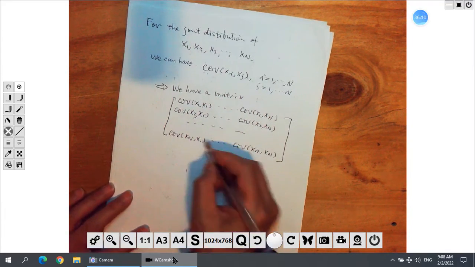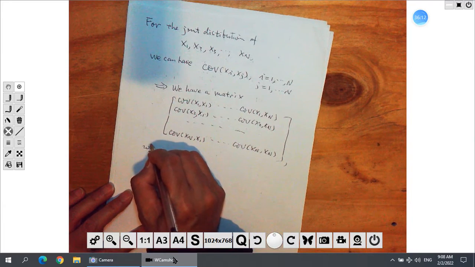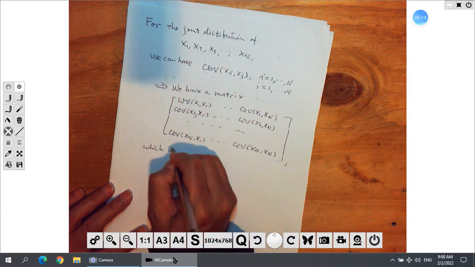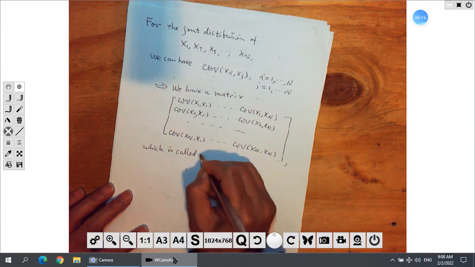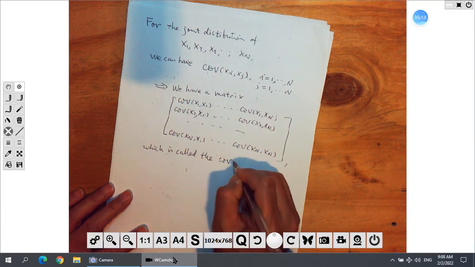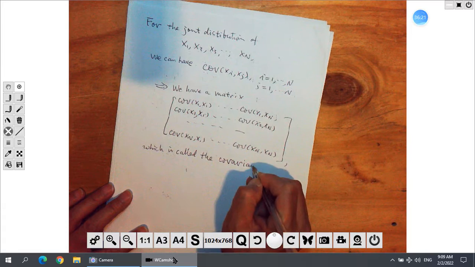This matrix is called the covariance matrix.